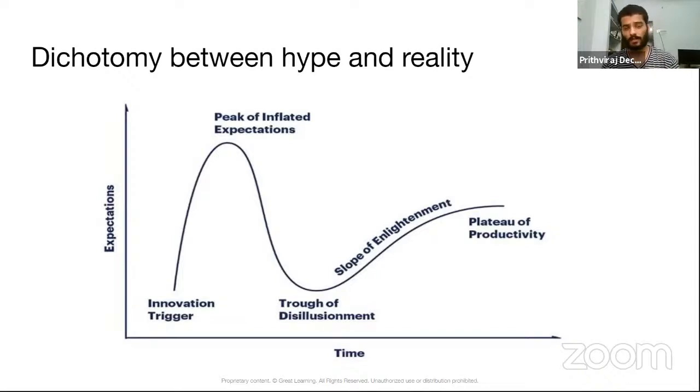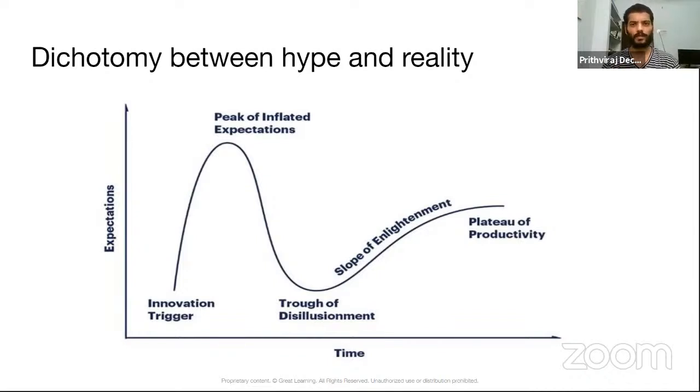Once people start getting onboarded with this new technology, they have huge expectations from it. Eventually, the expectations die out because not a lot of things work out where they want to use the technology, and it gets into a place where people see very little promise about it.